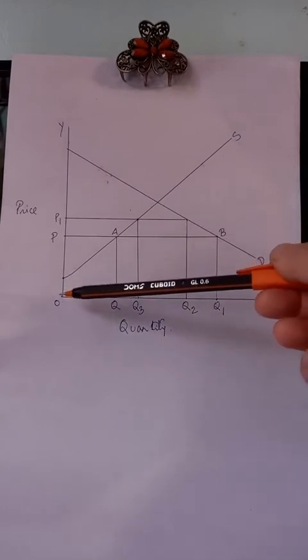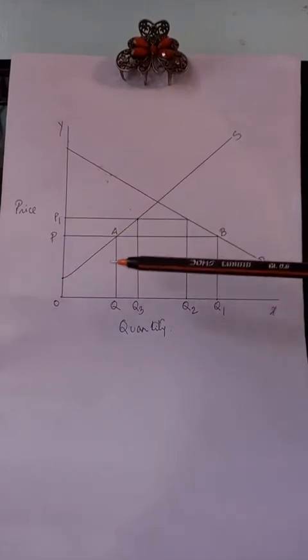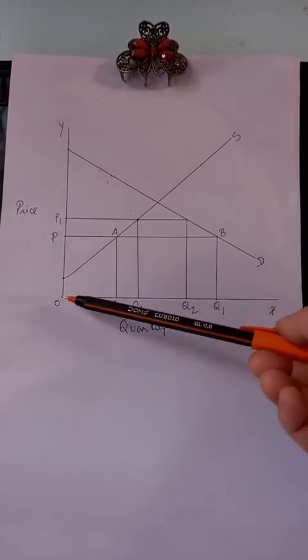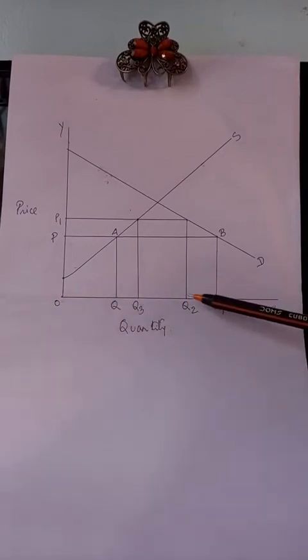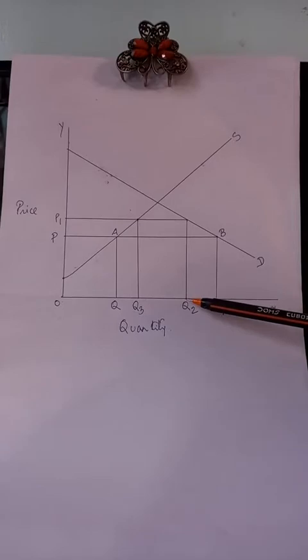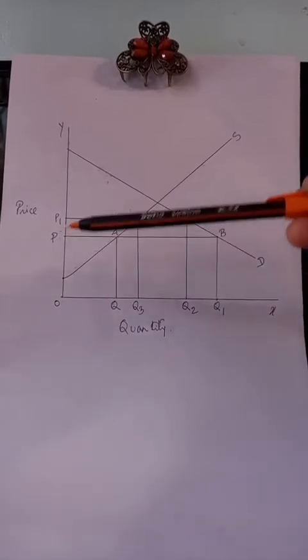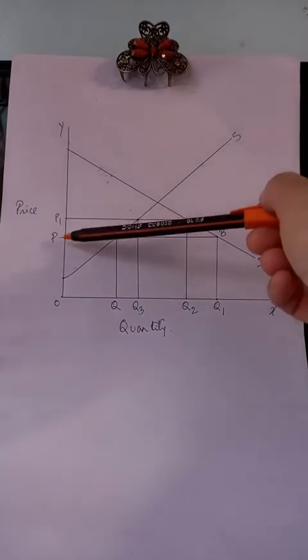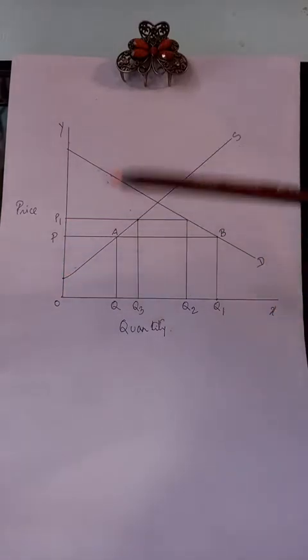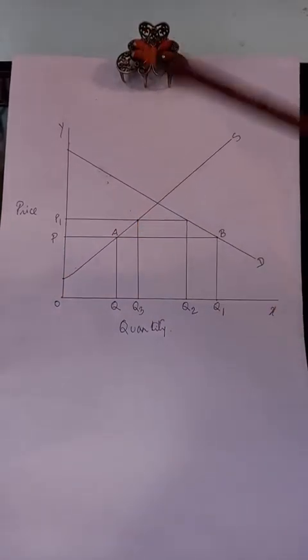At the OP1 price level, the total quantity demanded at home is OQ2, whereas the total quantity supplied at home is OQ3, which means Q3Q2 is being purchased from foreign countries. So this increase in the price level due to the imposition of a tariff of PP1, from OP to OP1, is the price effect of a tariff.